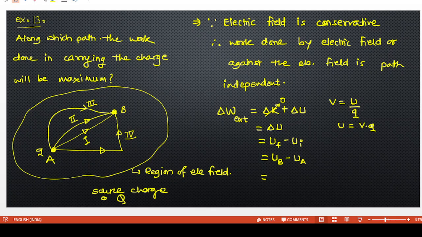Potential at a place into charge: potential at point B into charge minus potential at point A into charge. So it is simply what? Potential at B minus potential at A into charge. So basically it is potential difference into charge. This is the work done by the external force in moving the charge q from the first point to the second point.